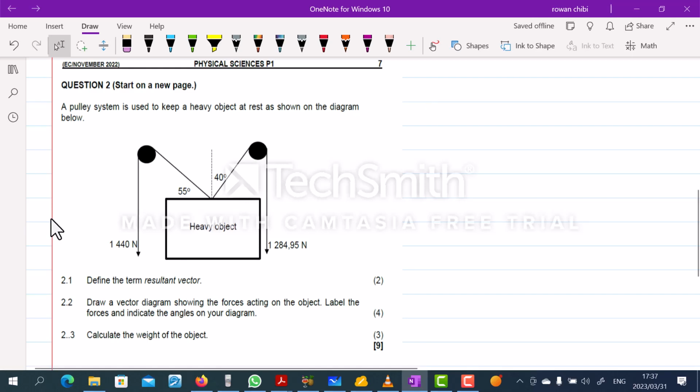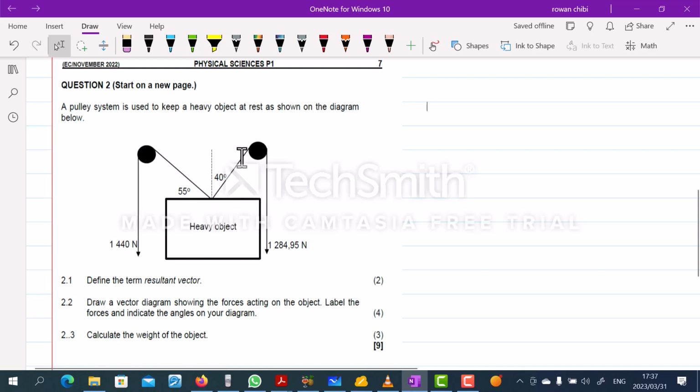So this question says a pulley system is used to keep a heavy object at rest as shown in the diagram below. So here is your diagram, you have a heavy object. So they use a pulley. There are 2 vectors here. There is a vector on the left, which is 1440 newtons.